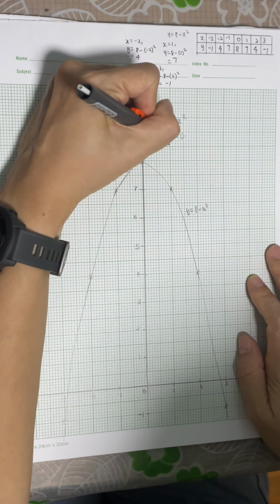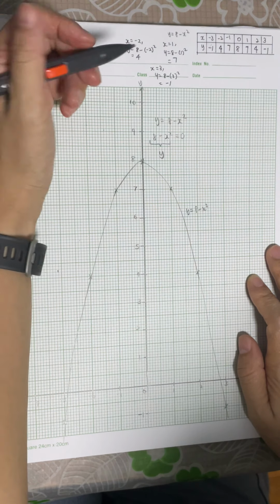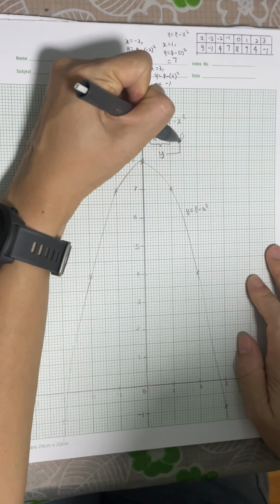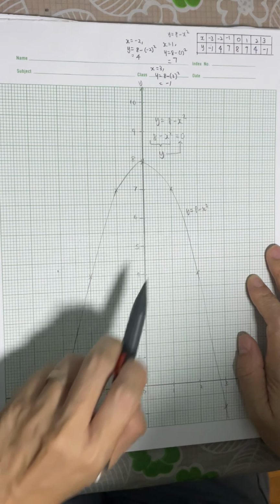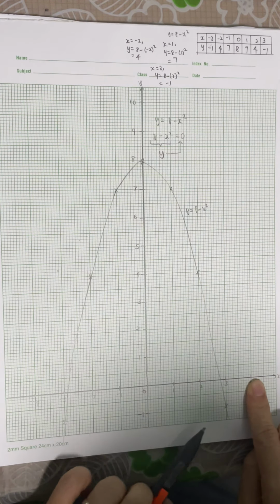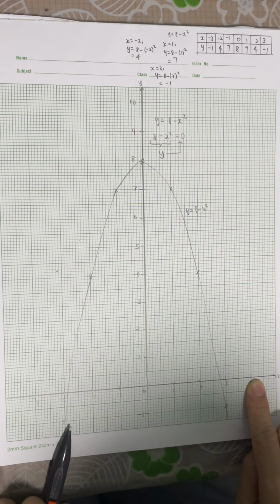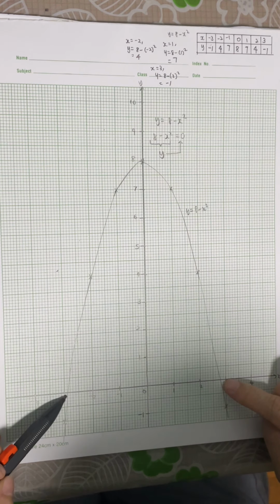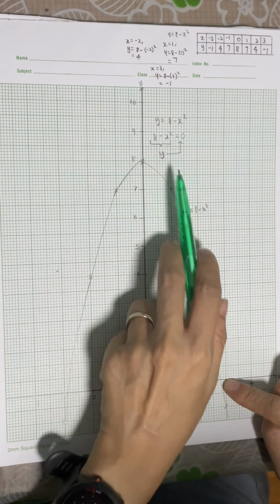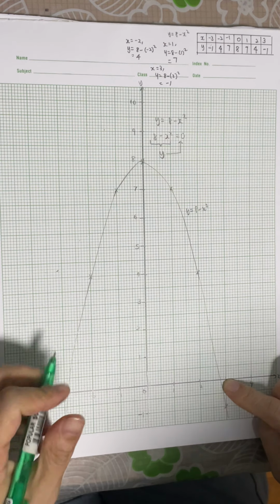This entire thing here is equal to y, and y now is equal to 0, that means we have to look at where y equals 0 is. We look at the curve and see the points of intersection. These two values of x will give you the solution for 8 minus x squared equals 0.